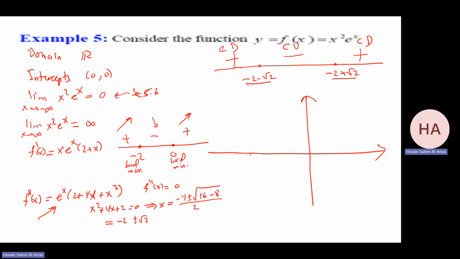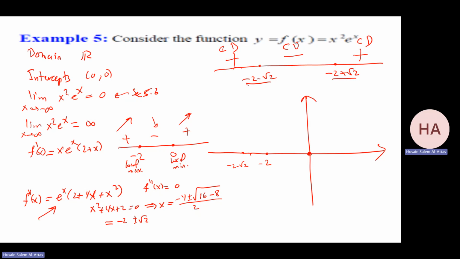Minus 2 minus square root of 3, it will be somewhere here. And this is minus 2. There's only the intercept here. And this will be 0. I need the 0. 0 for decreasing, increasing.